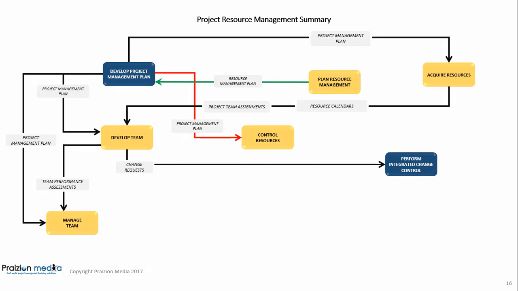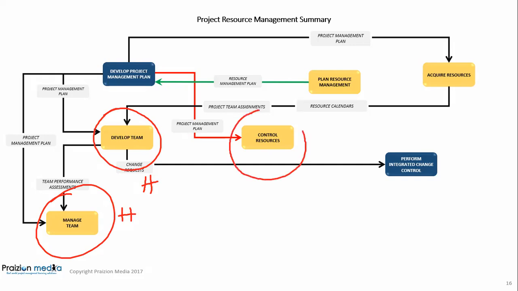The difference between develop team, which deals with humans, this is where you build the team, and manage team, where you give them feedback and you help pave the way for what happens next. After training and team building, it's a constant loop of feedback that happens in manage team.